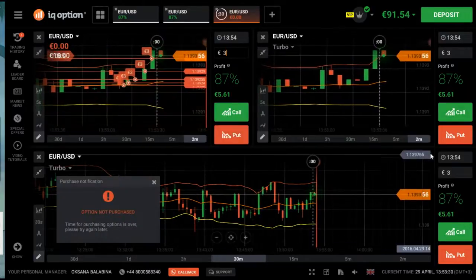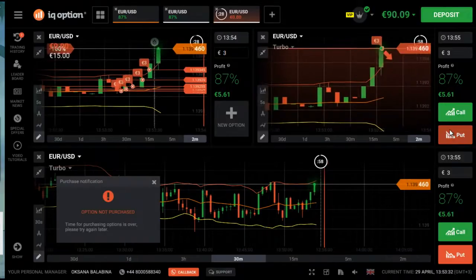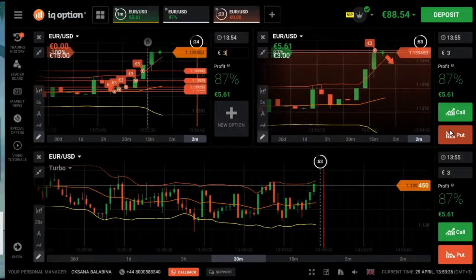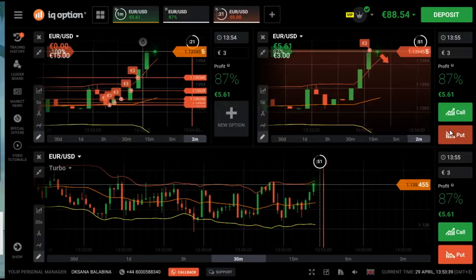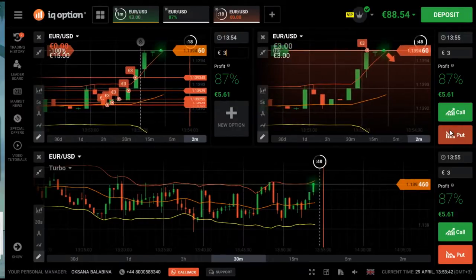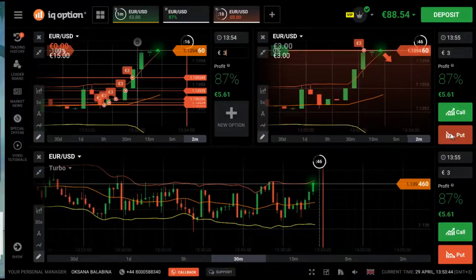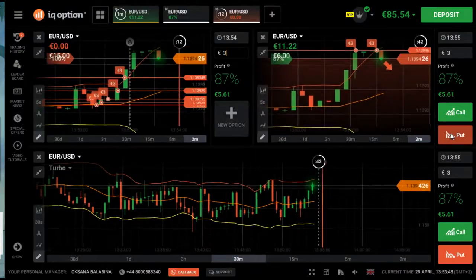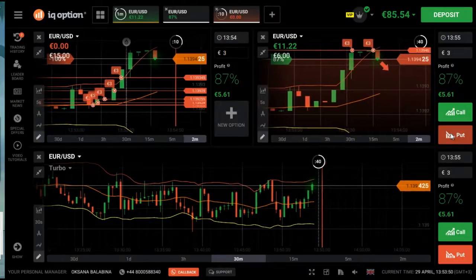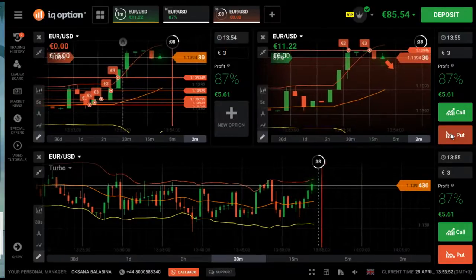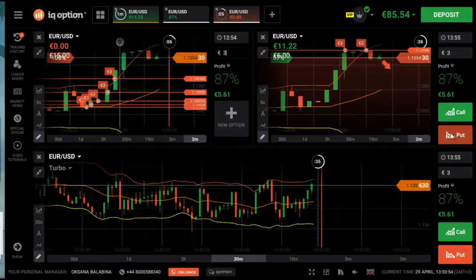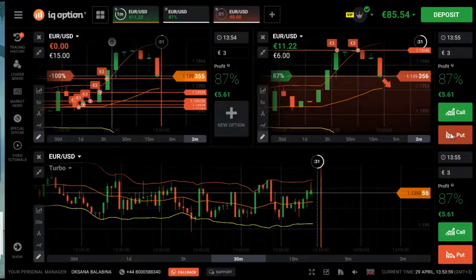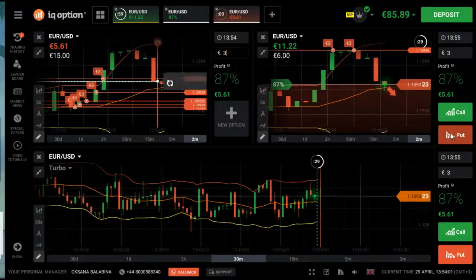And so now it's already penetrated the upper Bollinger Band, and I'm going for the reversal again. However, if you look at the 30-second chart, now candle is approaching the upper Bollinger Band. This is a very tricky place because candle may still keep growing upwards, and that's what was happening.